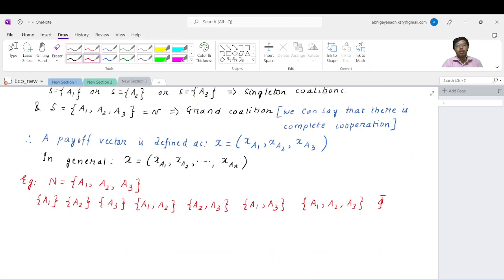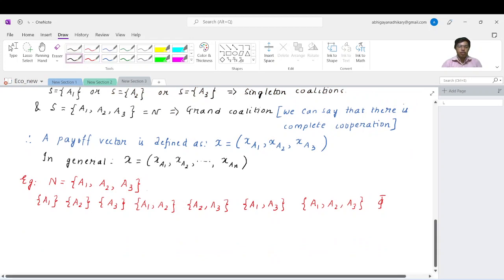What is the worth of each of these coalitions? The worth of the coalitions will be, you just add a V in front.